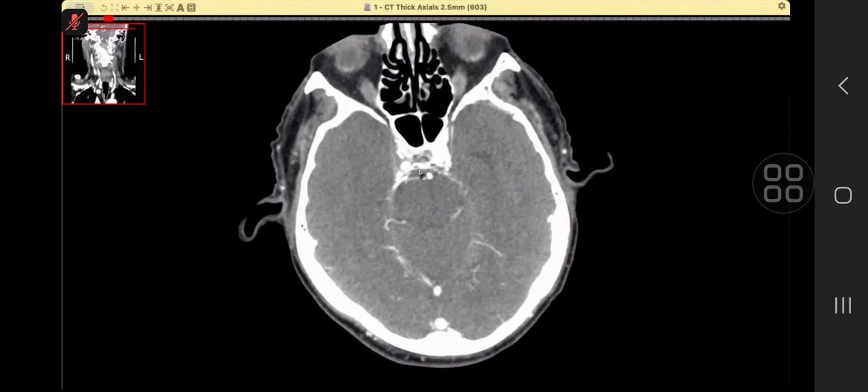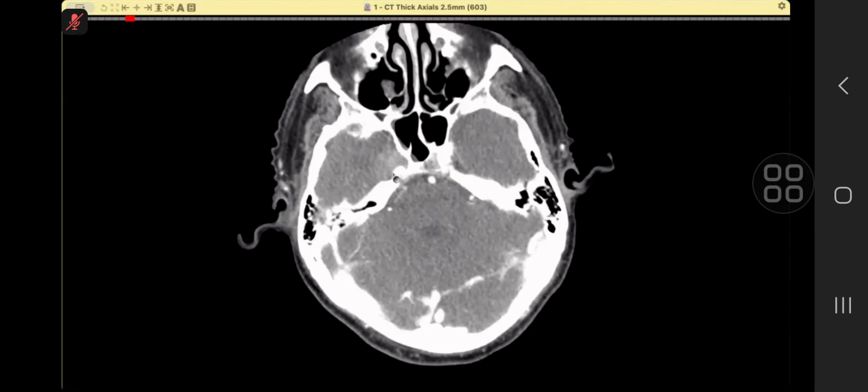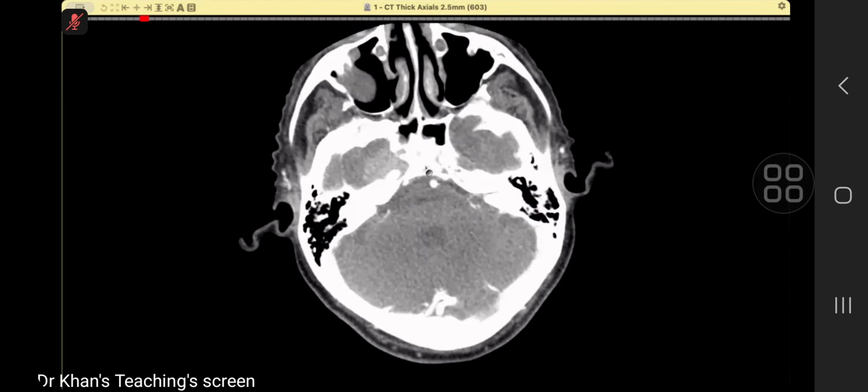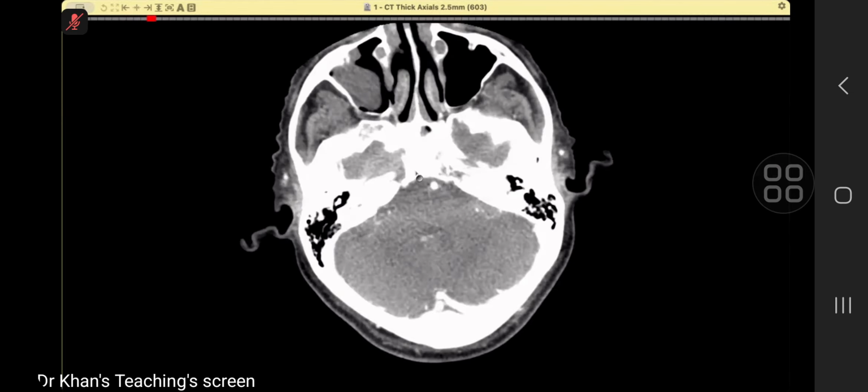There is an extension into the right cavernous sinus with enhancement and encasement of the carotid artery, and there is destruction of the anterior portion of the carotid canal.